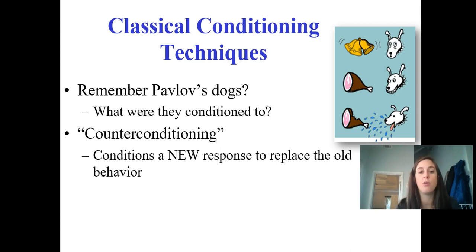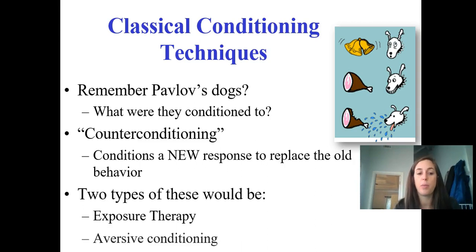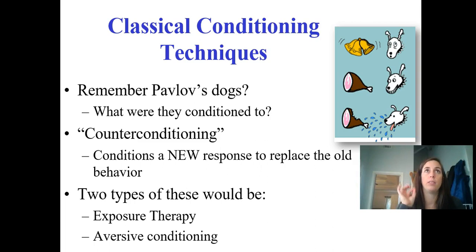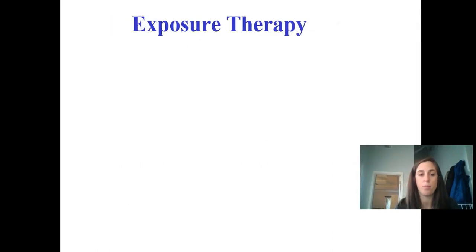So it conditions a new response to replace the old behavior. All right? And there's two ways they do it, exposure therapy and aversive conditioning. But just in general, both of these are about hopefully classically pairing, associating two things together.